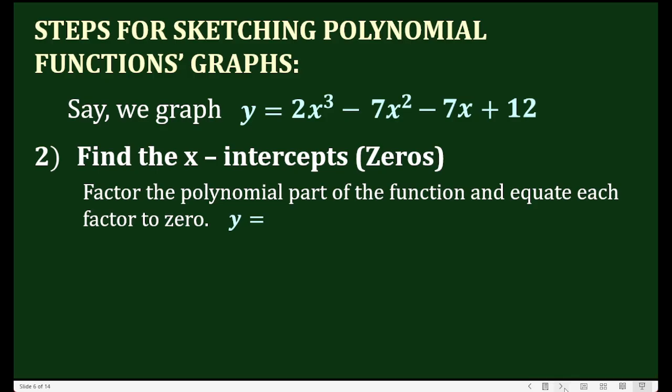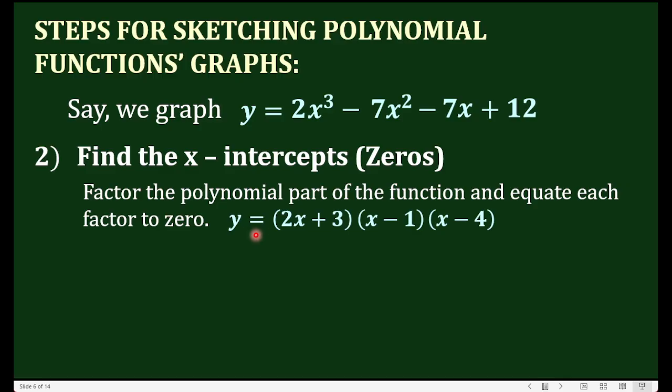Using synthetic division to factor this, we obtain this factored form: quantity 2x plus 3 times quantity x minus 1 times quantity x minus 4.